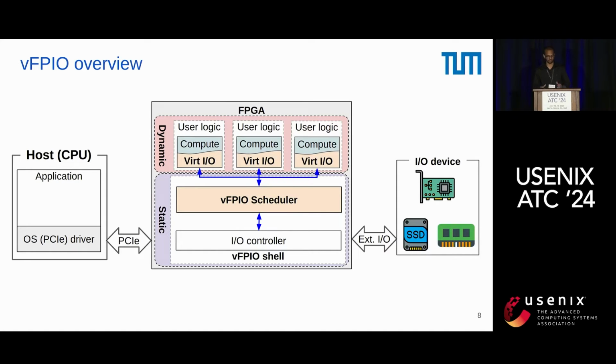The vFPIO scheduler intercepts I/O requests from the user logic and picks an I/O request based on a predefined, pre-configured scheduling policy. And additionally, we have the vFPIO library on the host, which, among other things, enables the host-side application to dynamically change the I/O paths between the user logic and the target I/O device and configure the scheduling policies in the shell.